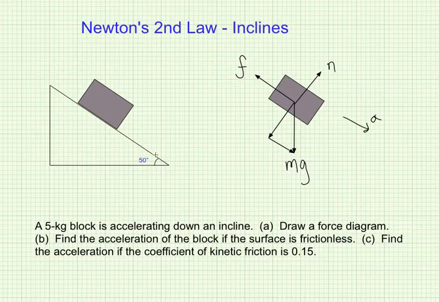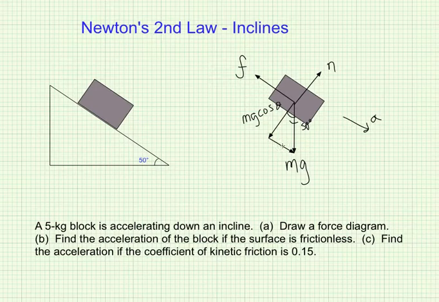Now the thing that's interesting about this is that this triangle right here and this one are similar triangles. And that means that this angle up here is going to be 50 degrees. It is always going to match whatever is down at the bottom part of the incline. So the 50 degrees will match here, which means that this component going into the incline is the adjacent one, which is going to make it mg cosine of theta.